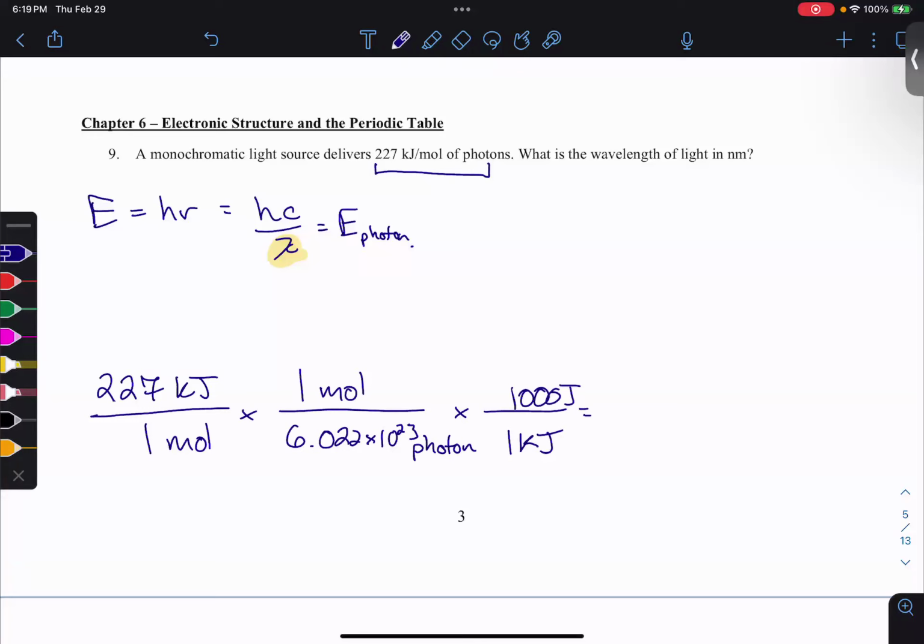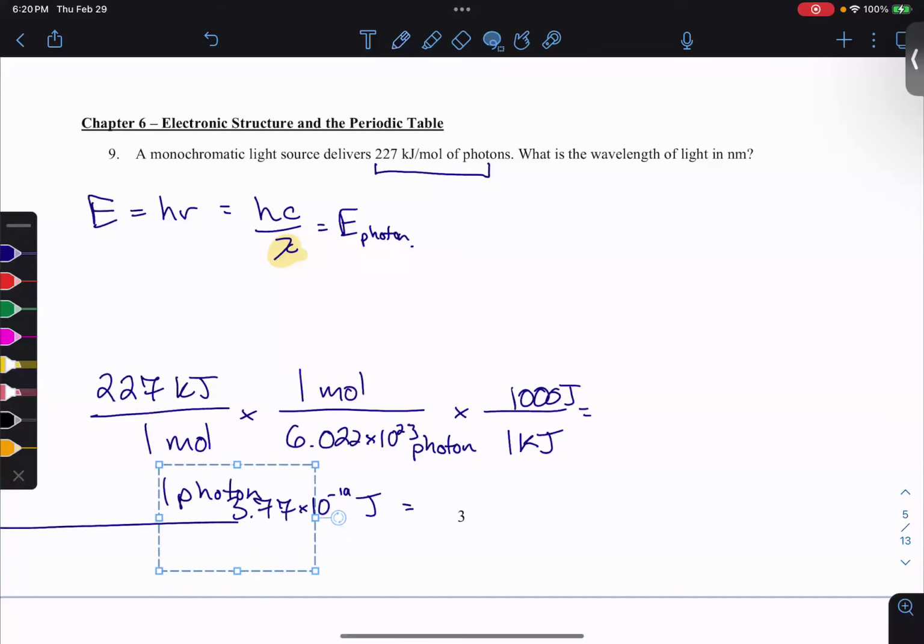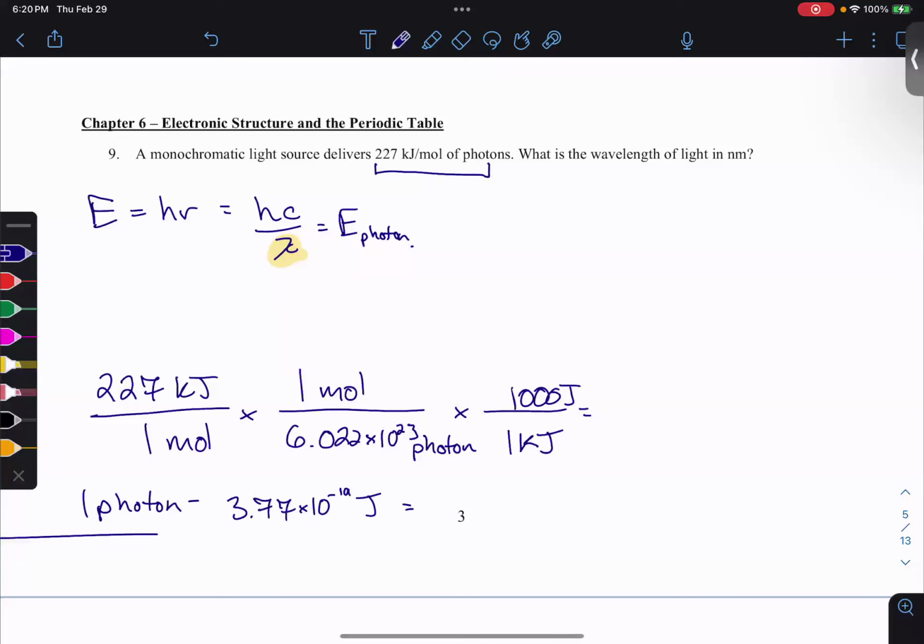And so you get that 1 photon, just one egg, costs 3.77 times 10 to the negative 19 joules. That is E in this equation. All right, 1 photon has that energy.